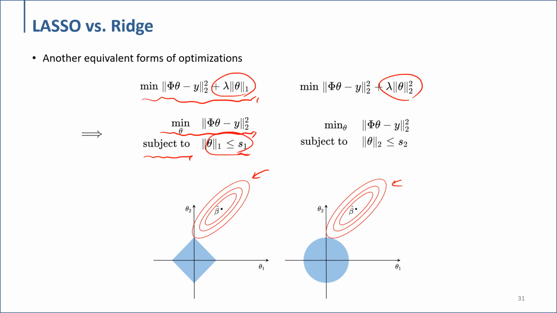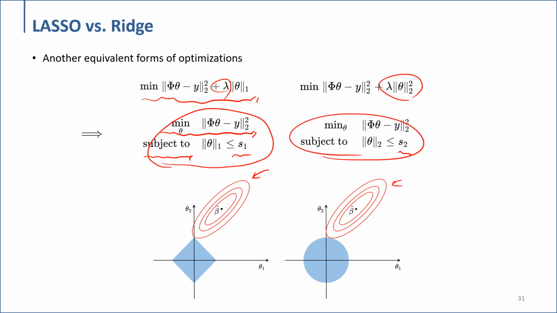Similar to the lambda value, S1 and S2 are just user-defined values. When you represent this optimization problem geometrically, this one is the case for lasso. This one is the case for ridge.